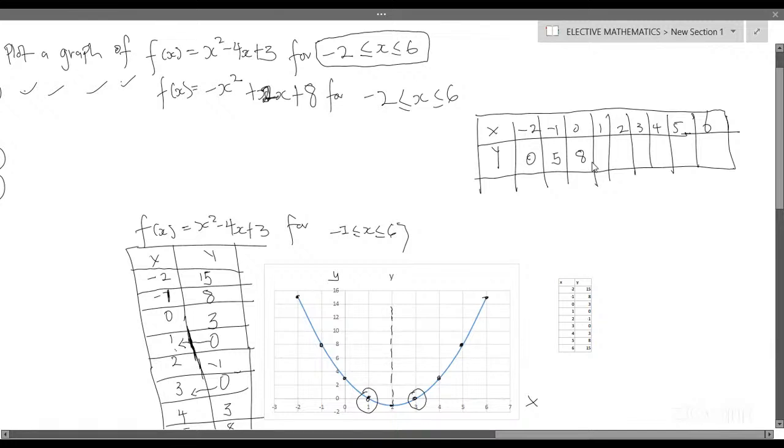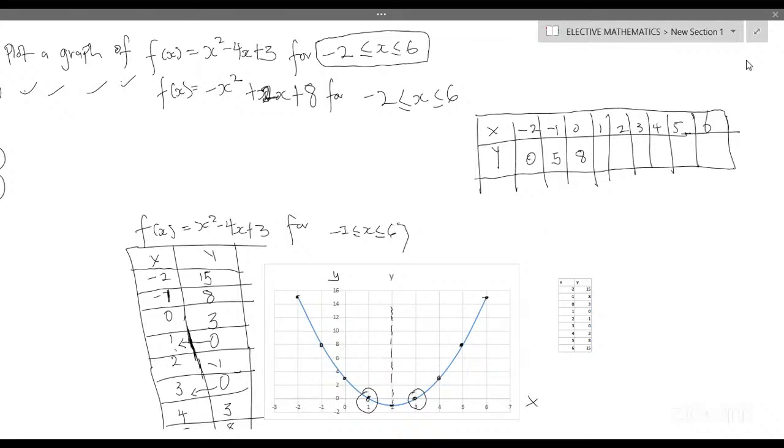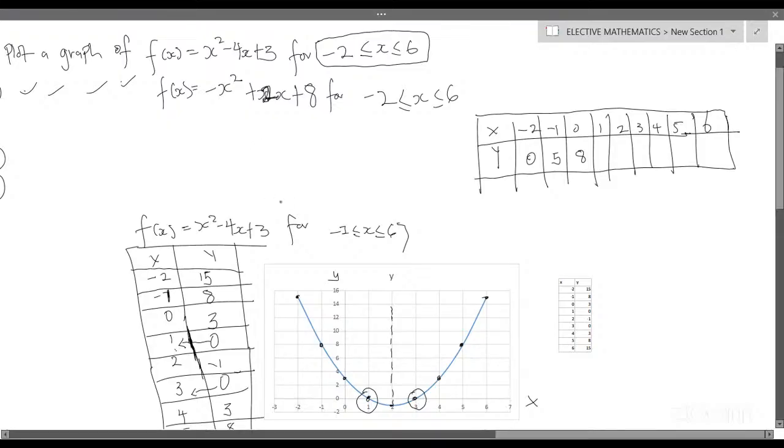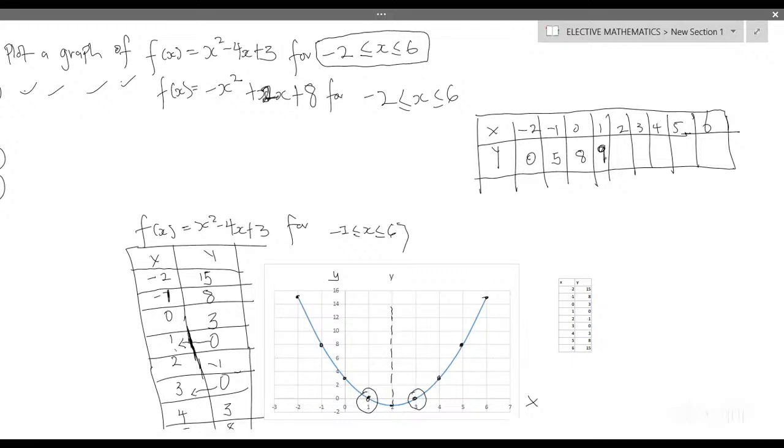So Vanessa, let's continue with the coordinates. When X was 1, what was Y? 9. Good. Elsie, when X was 2, Y was what?